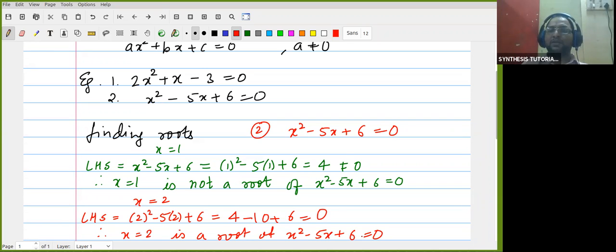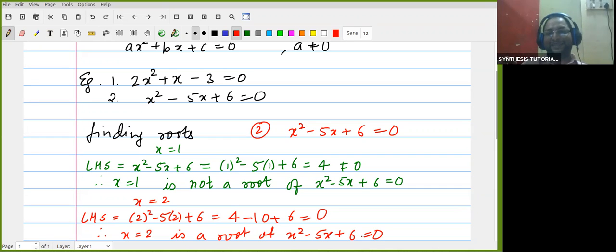And not just for quadratic. When you study more things, cubic, biquadratic, and equations of higher degree, the idea of a root is simply to find the value of x which will satisfy the equation.